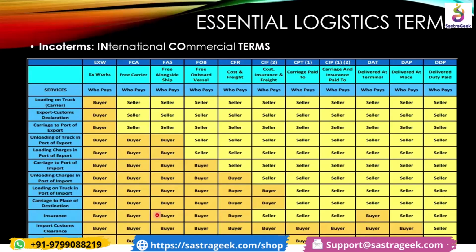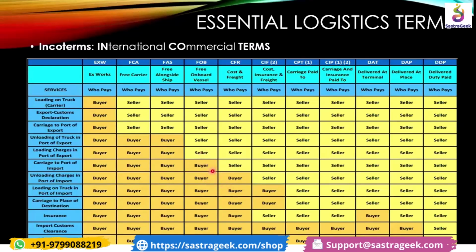For example, in my business I'm using 50 services. Definitely I'll be deciding who is going to pay for those 50 services. So I would say, okay, half of the services, 25, I'll pay, and 25 you pay. Suppose it comes down to somewhere around FOB or CFR.